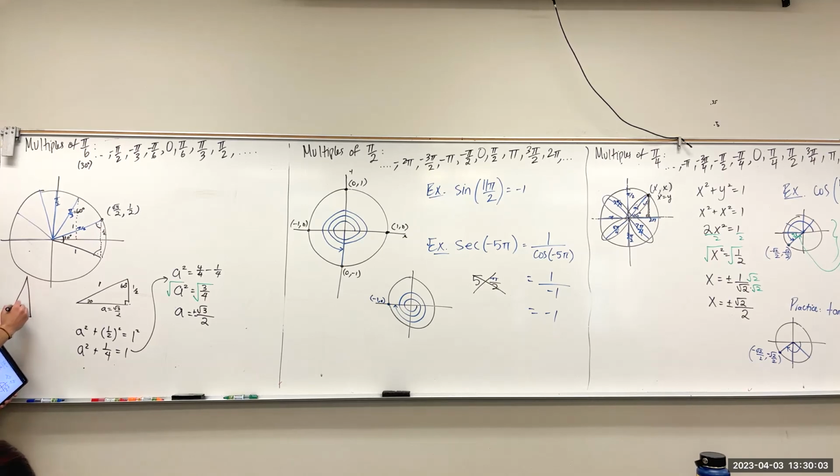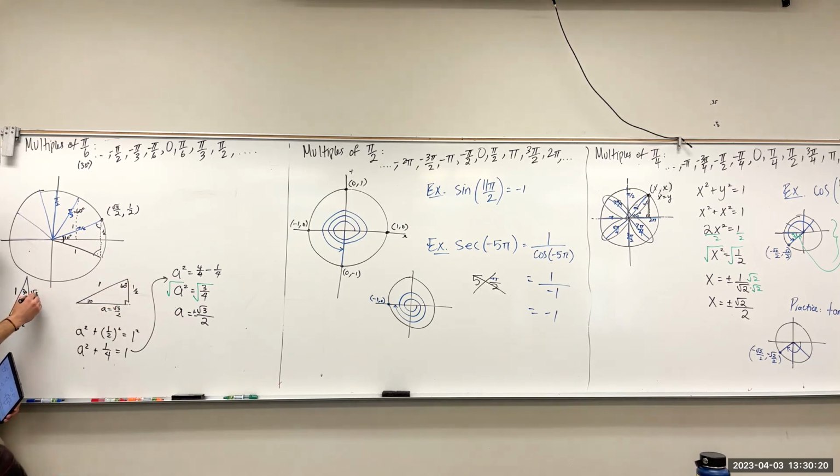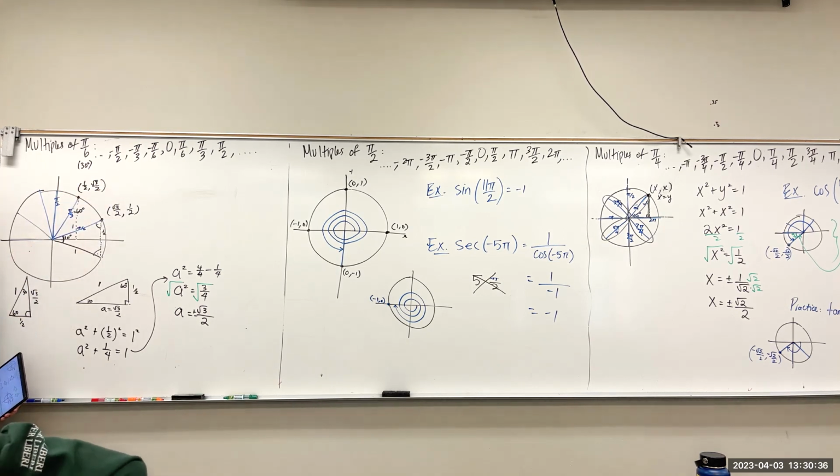So I got 60 here, so that's this angle, 60. 90, and then this will be 30 again. Okay, so it would be the same thing. The hypotenuse will still be 1. The shorter side is gonna be 1/2. And then the longer side is √3/2. Okay. So now the shorter side corresponds to the x coordinate. It's gonna be 1/2, and then the longer side corresponds to the y coordinate, √3/2. Okay, so they flip.